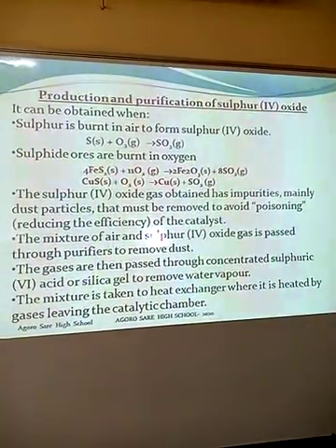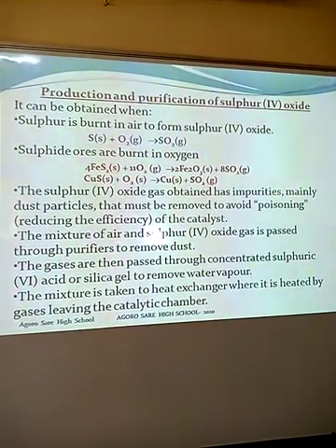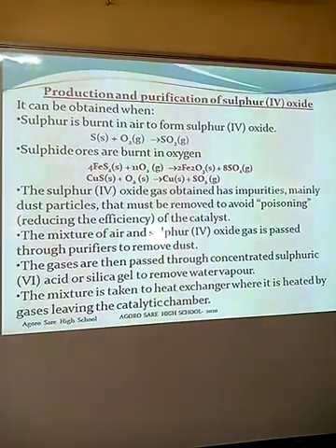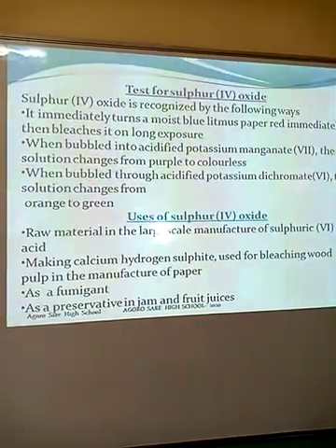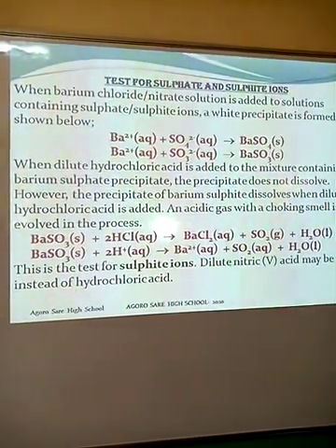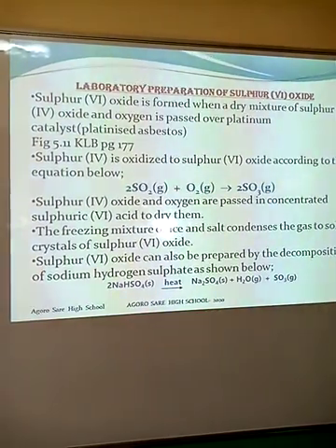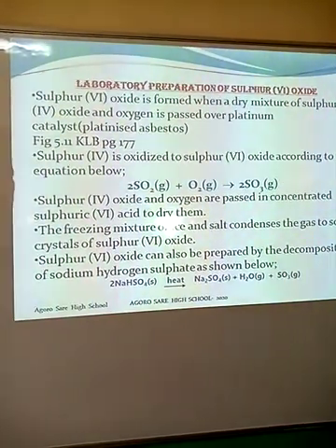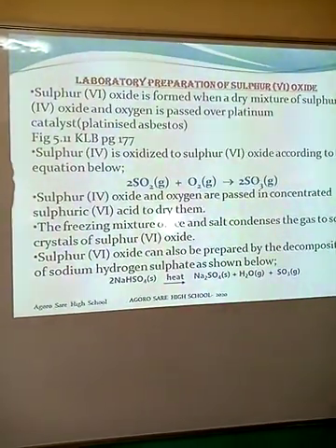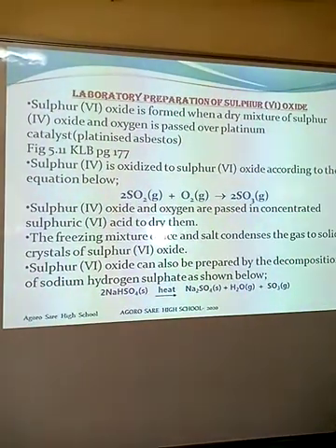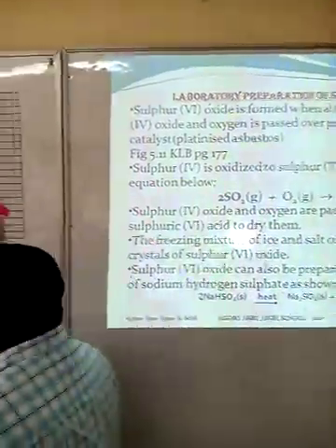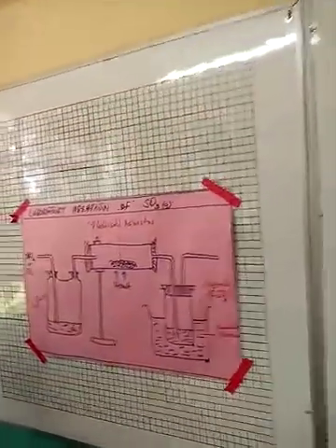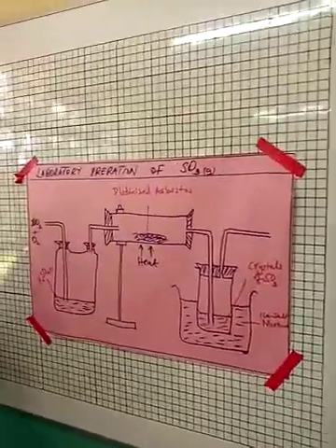Sulfur 6 oxide can be obtained in the laboratory. The question is, how do we obtain sulfur 6 oxide in the laboratory? I have here a presentation of how we can obtain sulfur 6 oxide in the laboratory.